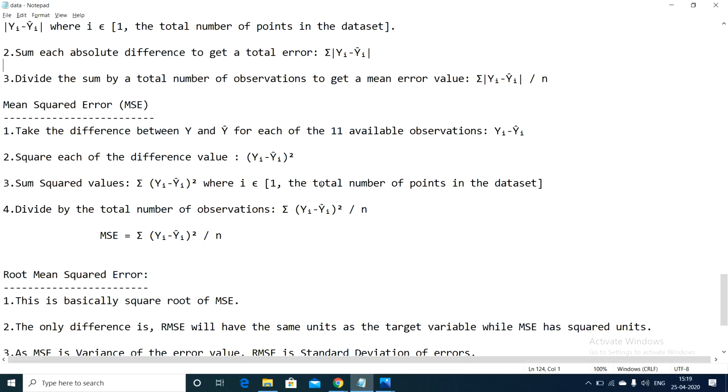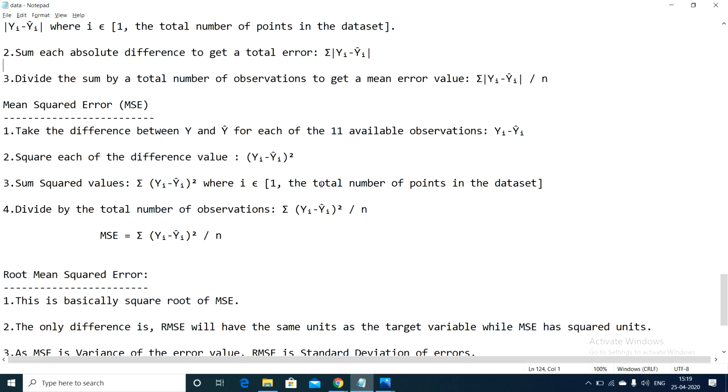we are finding the difference between y and y dash only. After finding it, we will square that. Instead of applying the ABS function like in mean absolute error, we will square every error, where error means y minus y cap.